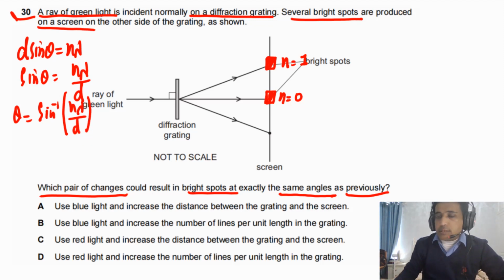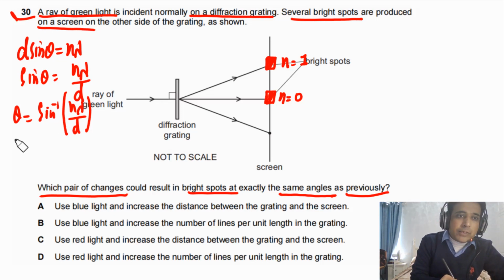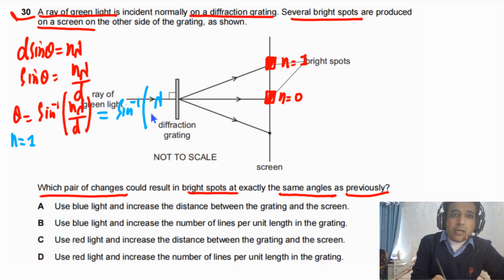In this case we need to compare, so we will be comparing first order with first order and second order with second order. For the first order, n is equal to 1, so theta in this case will be equal to sine inverse lambda over d. For the second order, n will be equal to 2, or simply we can say n is constant.